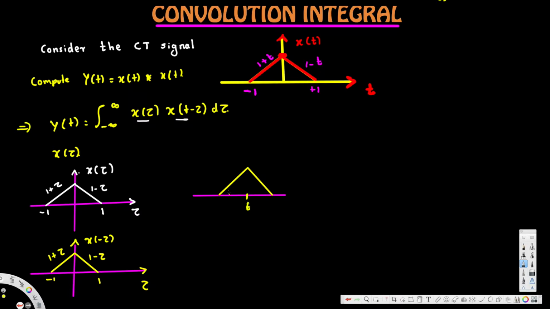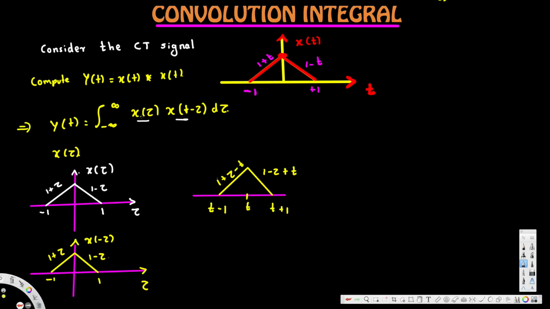So this one is t, and when we shift, this becomes t minus 1 and this becomes t plus 1. Here we had 1 plus tau, but with this slope we get 1 plus tau minus t on this side, and on this side 1 minus tau plus t. We just shifted x of minus tau to t, and the middle part is t. So this is our x of t minus tau.